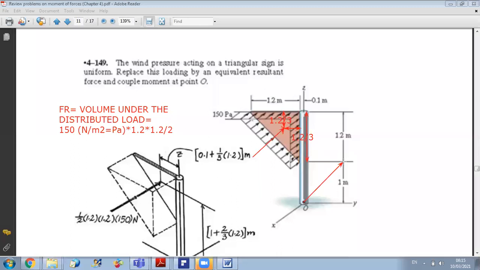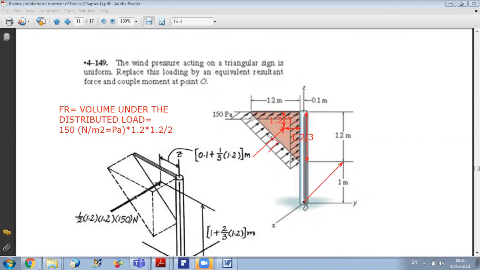No, because it's parallel to it. Is it doing a moment about the y-axis? Yes. Is this moment positive or negative? If I put my four fingers, negative.